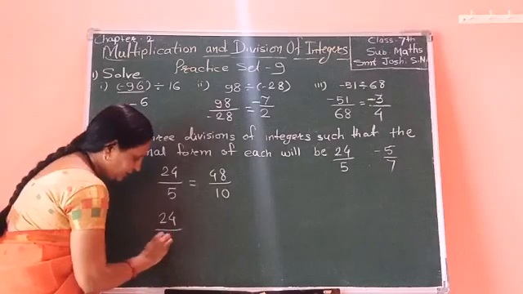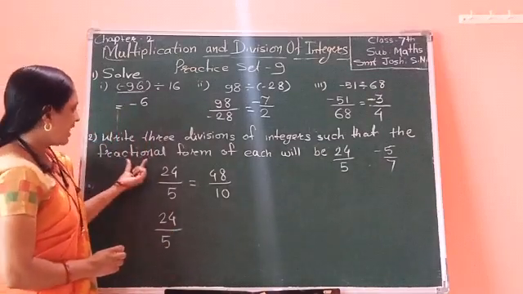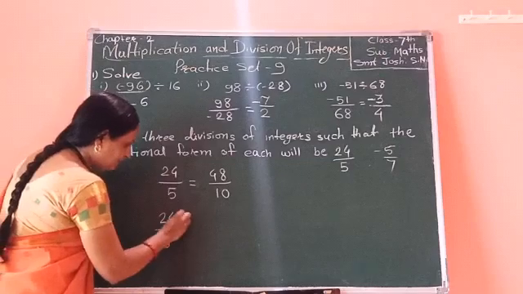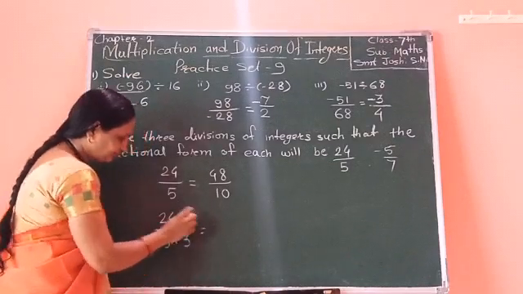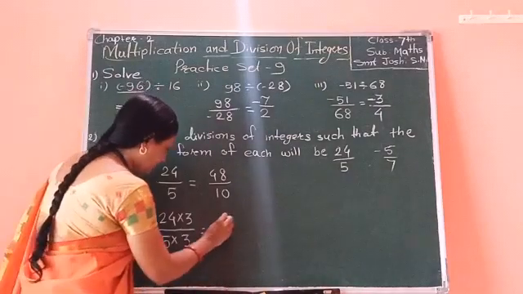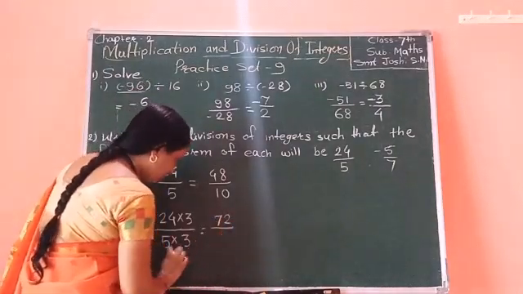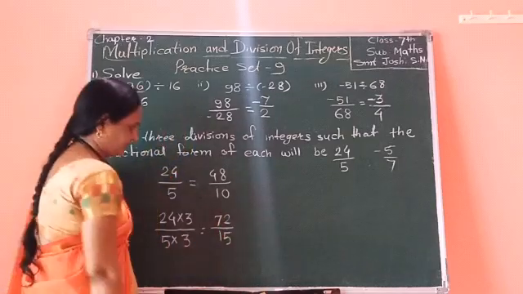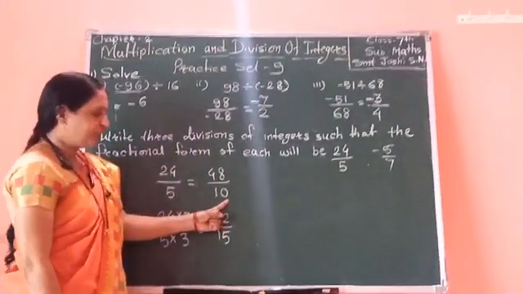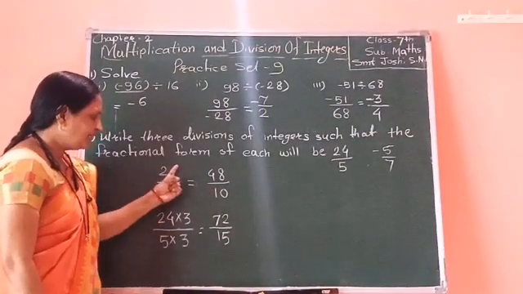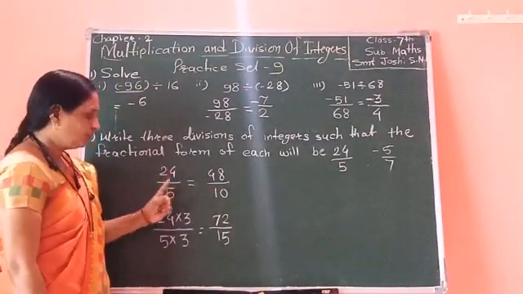For the next fractional form, multiply by 3, we get 72/15. 48/10 we get by multiplying 24/5 by 2.